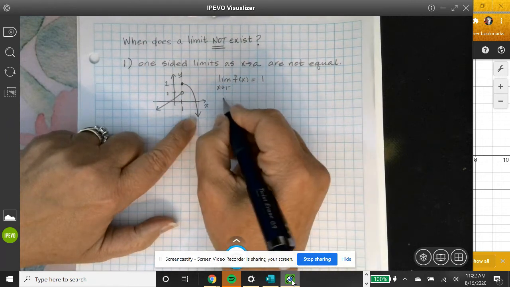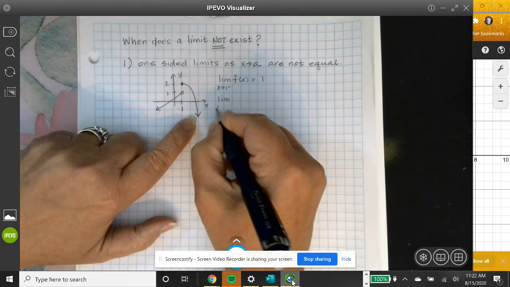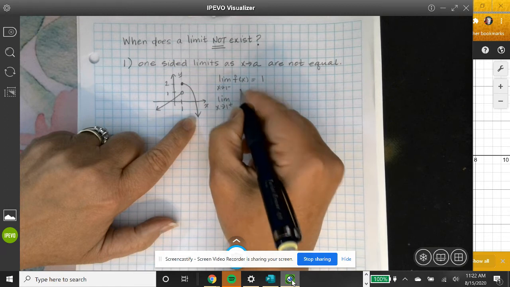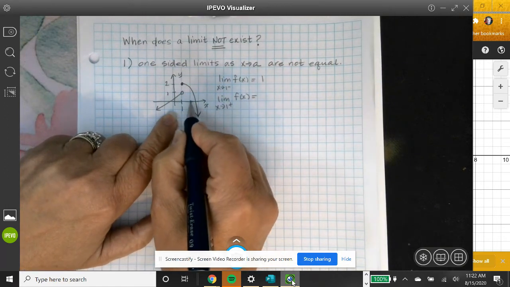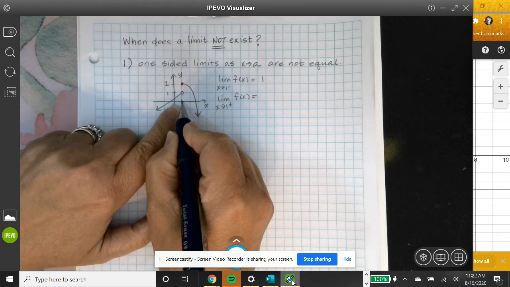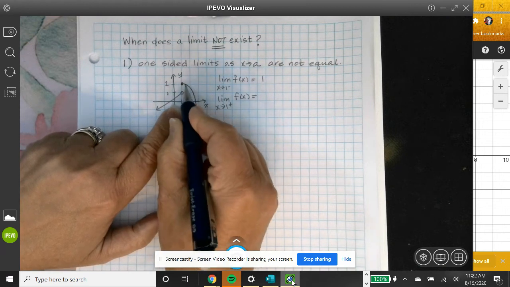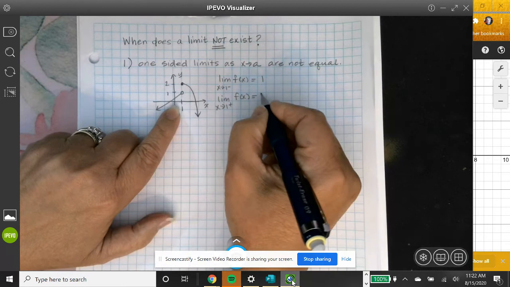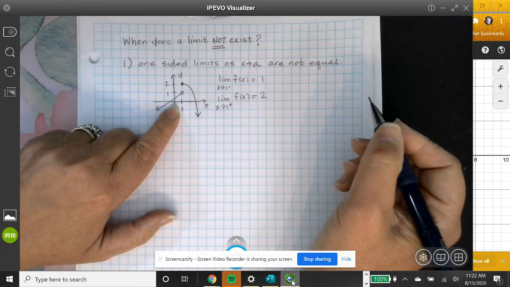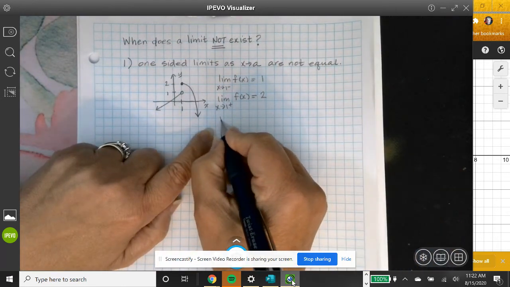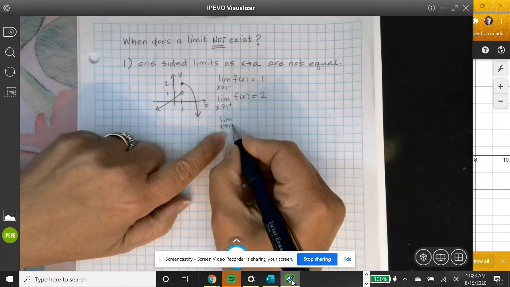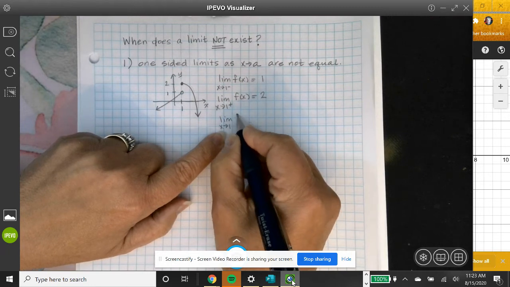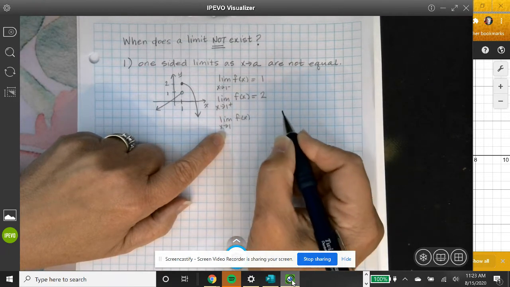All right, the limit as x approaches 1 from the positive side, or the right side, as x gets closer and closer to 1 from the right side, the f of x is approaching 2. Okay, however, if I said the limit as x approaches 1, and I don't designate a left or a right, or use a plus or a minus here, that implies that I am considering it from both sides.